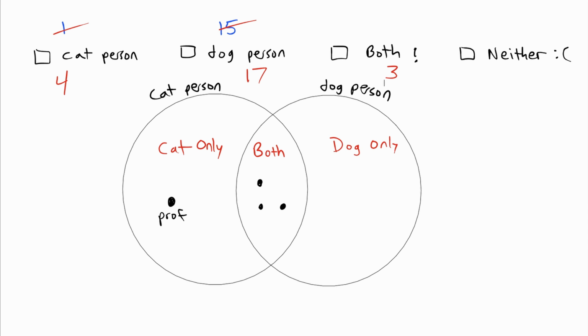Yep, 14 is exactly right. So let's do that. 1, 2, 3, 4, 5, 6, 7, 8, 9, 10, 11, 12, 13, 14. Perfect. If we had somebody who voted neither, where would they go? We didn't have anybody, but yeah, they would go outside all the bubbles, like out here.